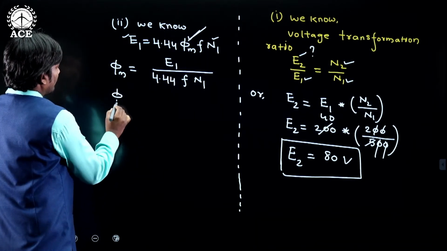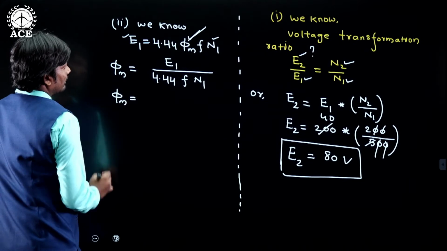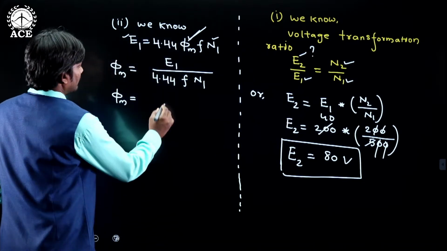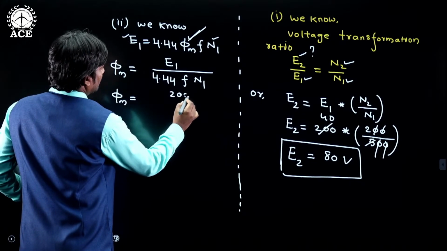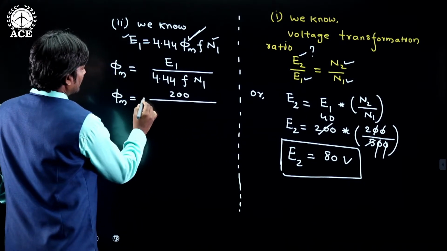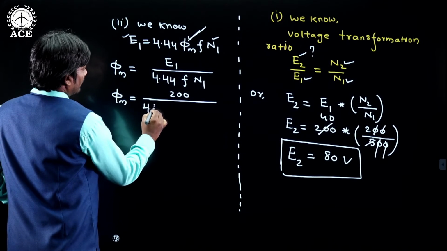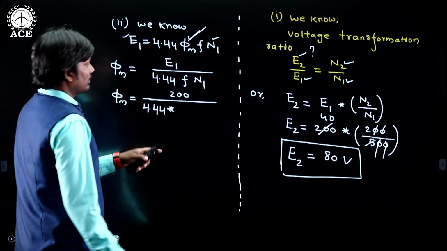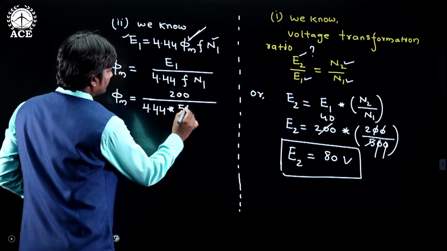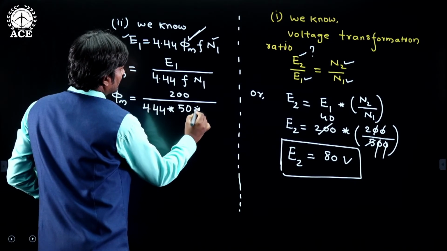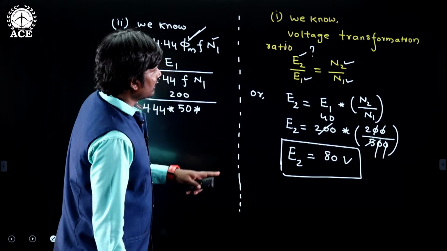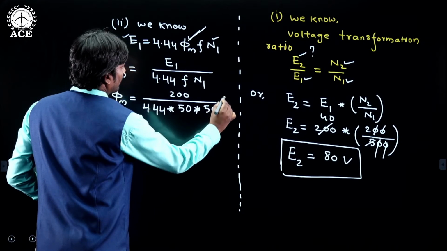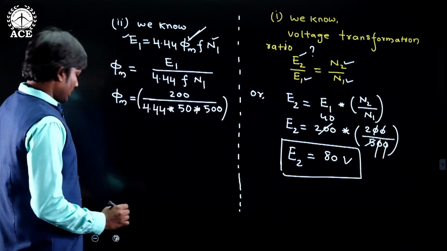Therefore, phi m is equal to E1, which is 200, by 4.44 into F, which is 50, into N1, which is 500.